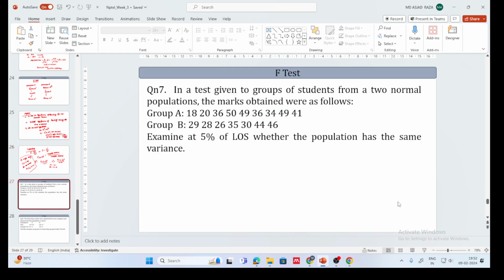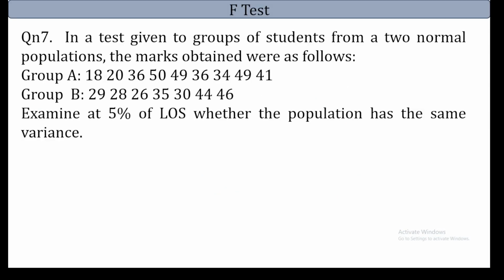So we'll do one question based upon it. Please start. In a test given to a group of students from two normal populations, the marks obtained were as follows. Then they have asked, at 5% level of significance, whether the populations had the same variance or not.